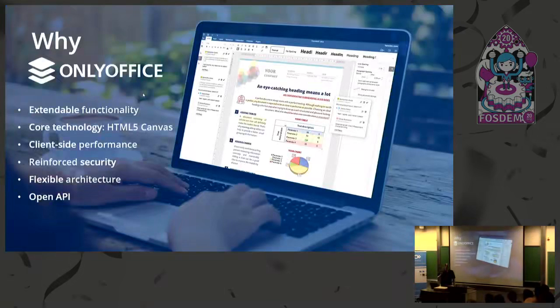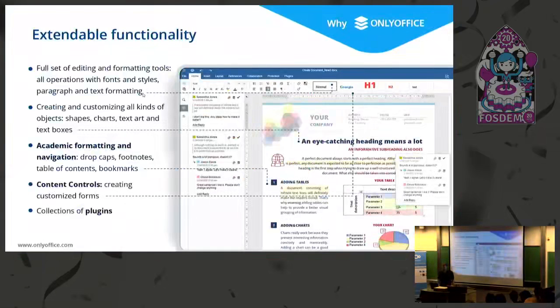Now, why ONLYOFFICE? Our first task is to create a very powerful engine for processing documents. And here you can see the list of points which are very important for our team. ONLYOFFICE provides a comprehensive tool set organized in a tabbed interface.